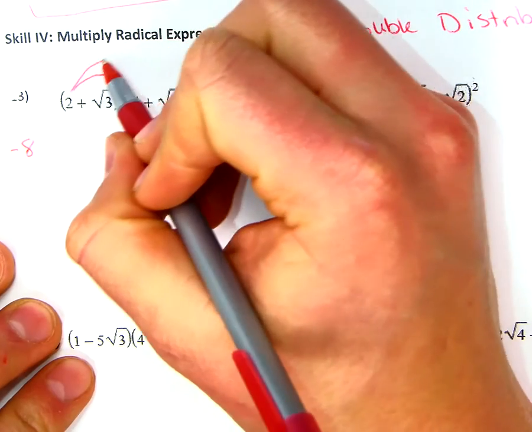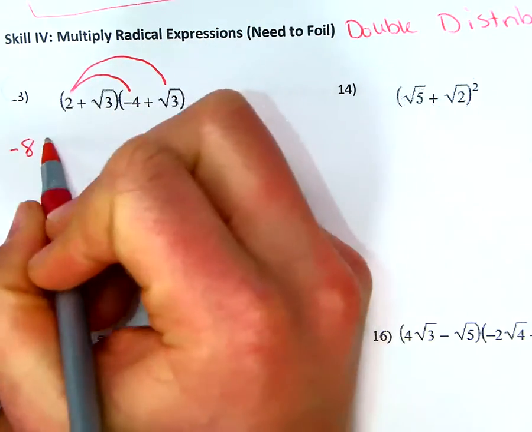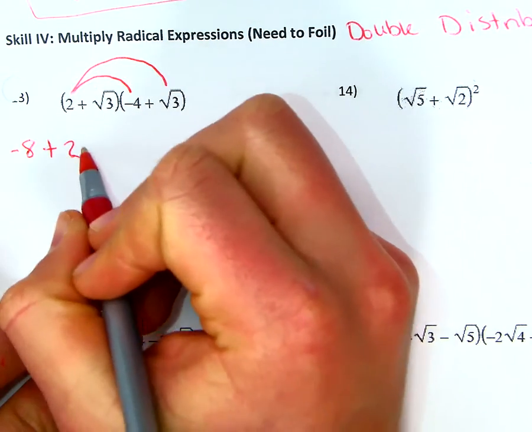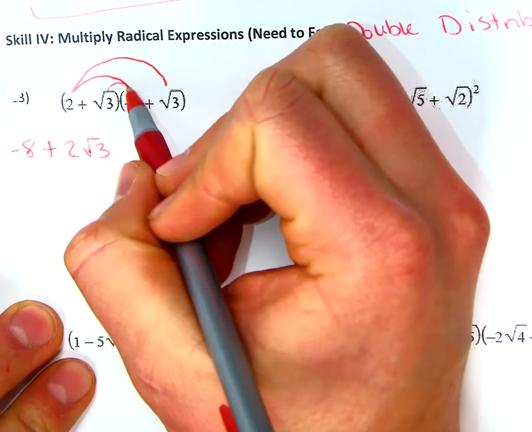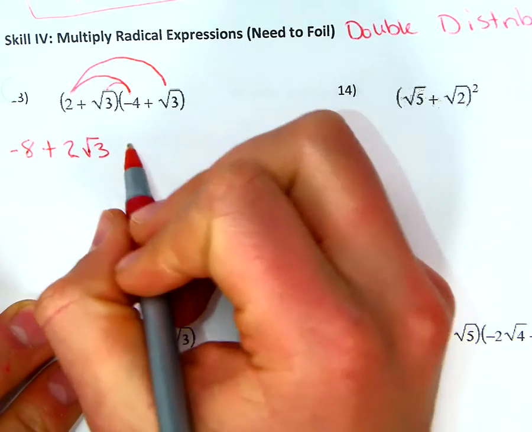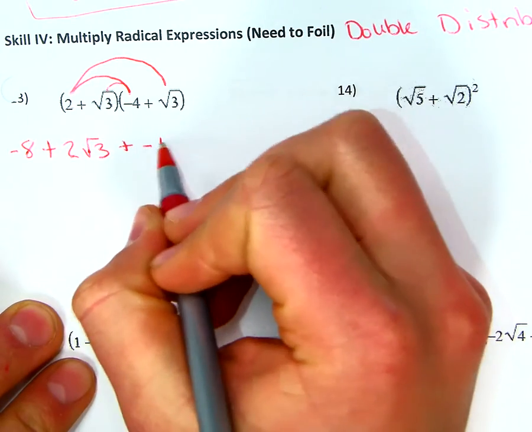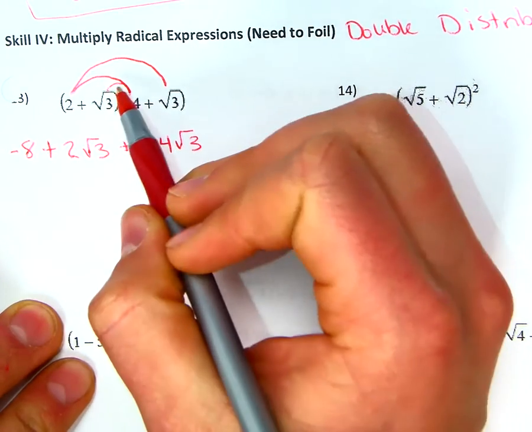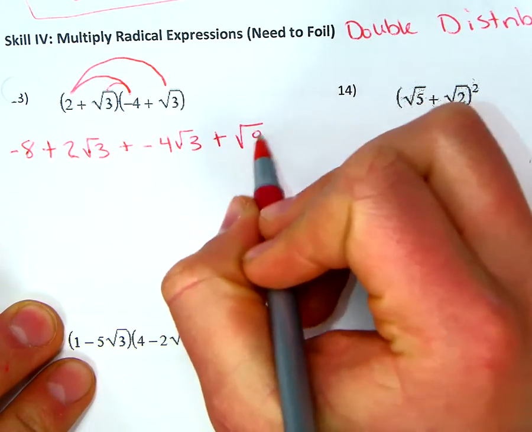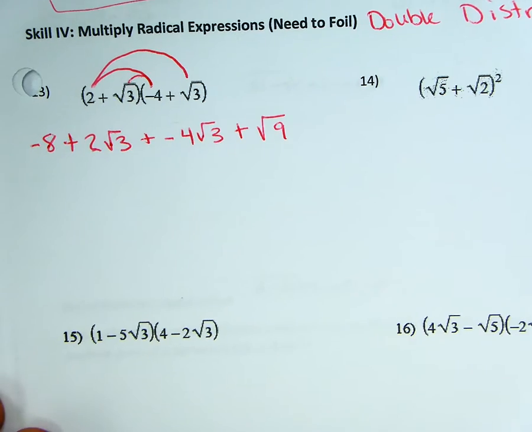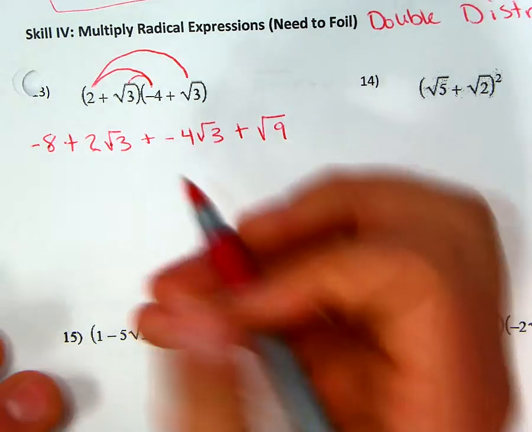And then we're going to go 2 times the square root of 3, which is a positive 2 times the square root of 3. And then we're going to start with the square root of 3, multiply that with the -4. So that's plus a -4 square root of 3. And then we're going to do the square root of 3 times the square root of 3, which is the square root of 9.